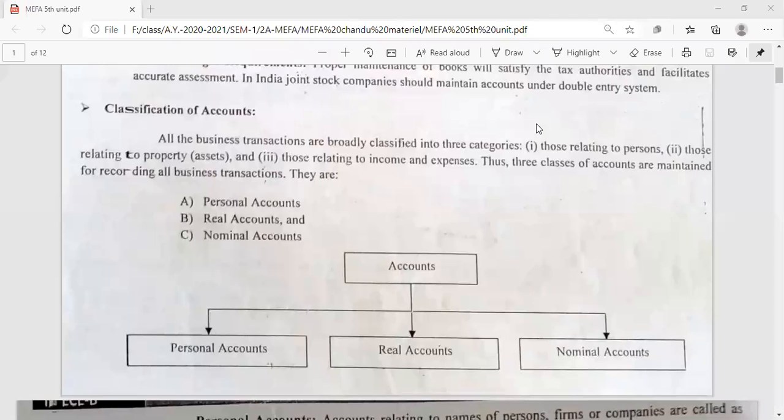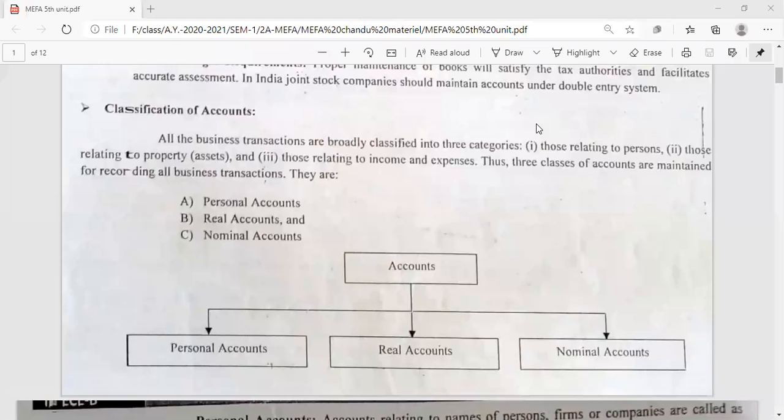Generally, personal accounts are in the name of persons, or the name of companies which are supplying some material or some other category of items. They are generally called personal accounts.